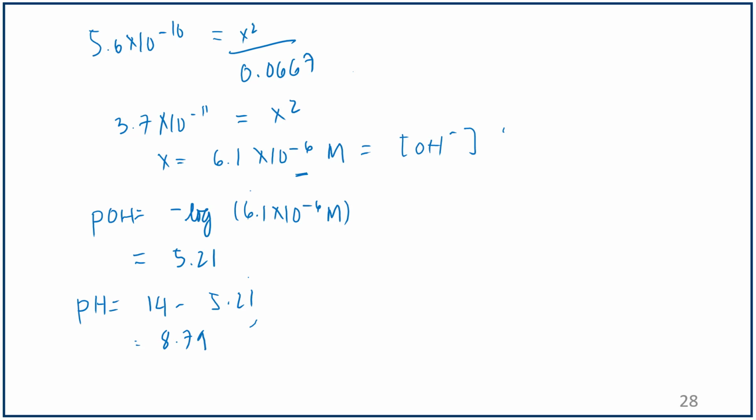So at this point, if you're doubting this value, check. At the equivalence point here, you should only have acetate ions present in solution. Since acetate ions are basic, the pH should indeed be basic.